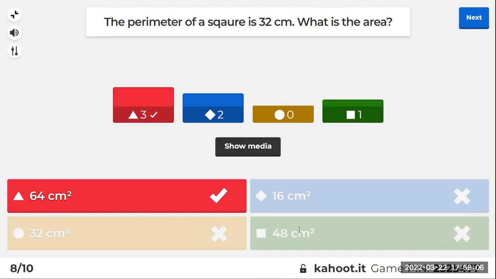Now I'm going to take a minute to discuss this one because this is not the easiest of questions. Let's understand a little bit what is perimeter. I will draw my square here.